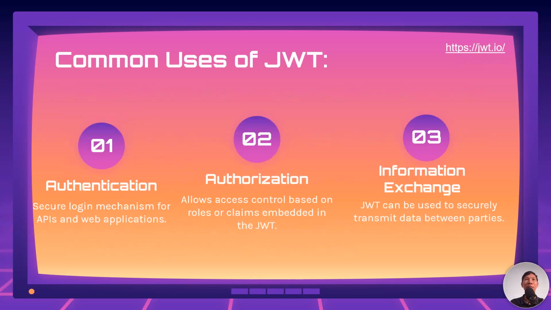Let us continue. Why is JWT very commonly used in web API deployment? Number one is authentication, number two is authorization, and number three is easy exchange between different parties. Authentication is a secure login mechanism for APIs and web applications. Authorization means JWT can contain roles or claim-based information, so it allows you to control access to resources based on the user role.